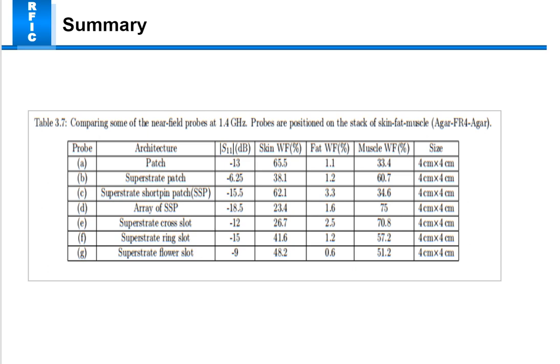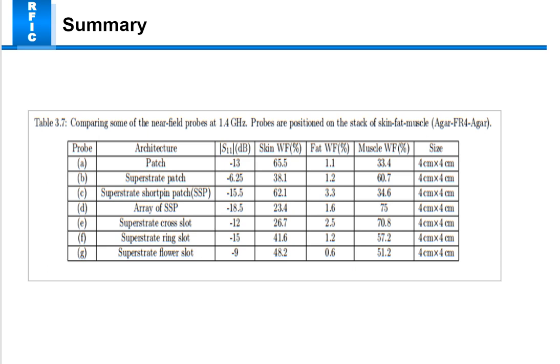And then the patch was made into a 2 by 2 array. The array probe was then designed at 1.4 gigahertz, and a 4-to-1 power combiner was designed to combine the thermal noise received from all the probes.